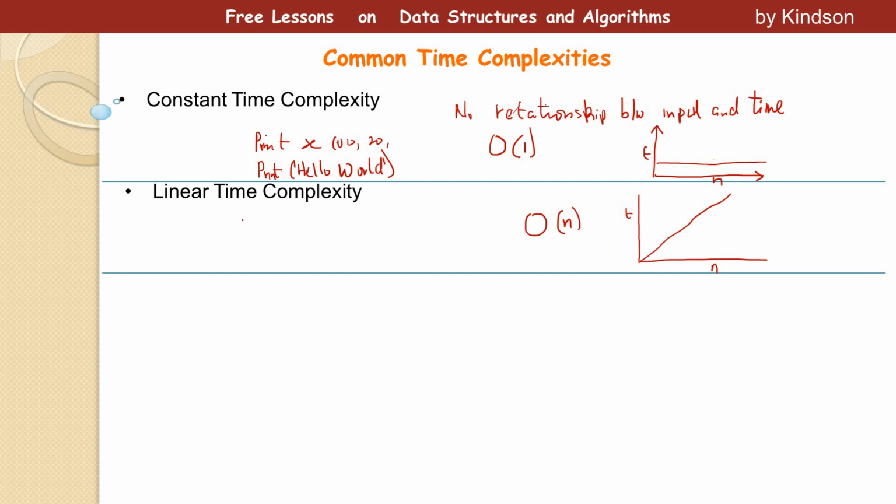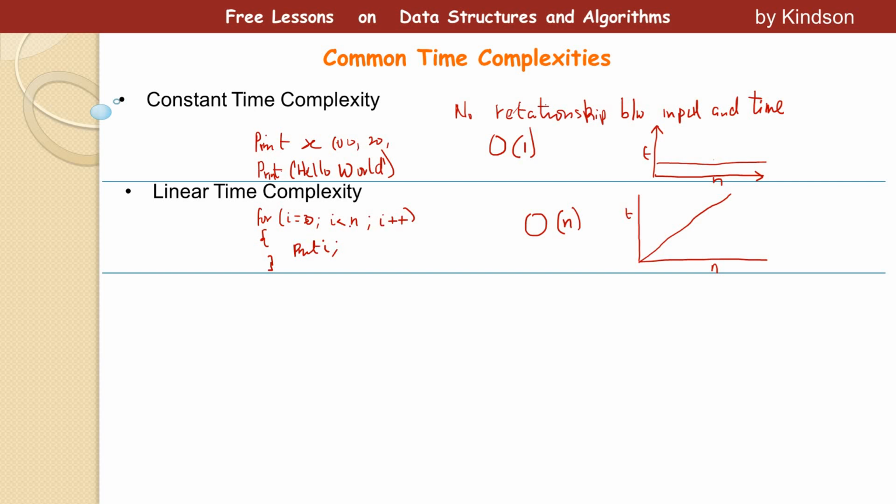So in this case, if we have just one loop, for i equals 0, i less than n, i plus plus, and then we have print i. So it prints i. In this case, it executes how many times?